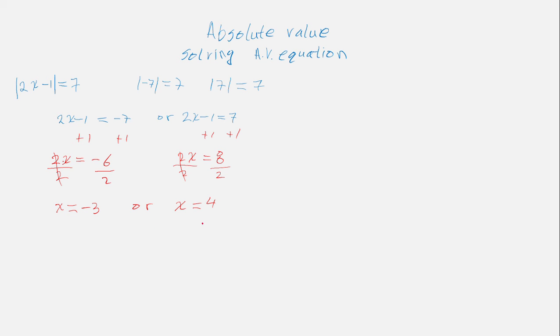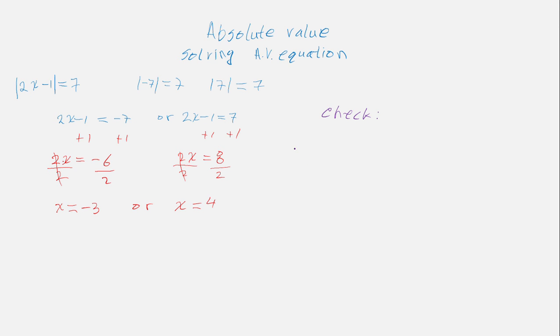Now we should not say, well, here are our two answers. In absolute value situations, we actually need to check if our answers actually work, right? So let's do the check. How do we do it? We grab each of these values, negative 3 and positive 4, and plug them into our original problem and see if it works.